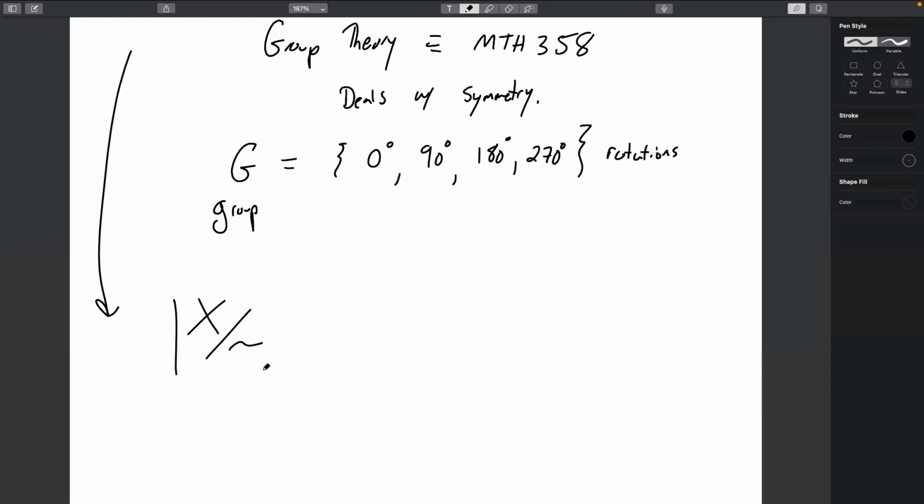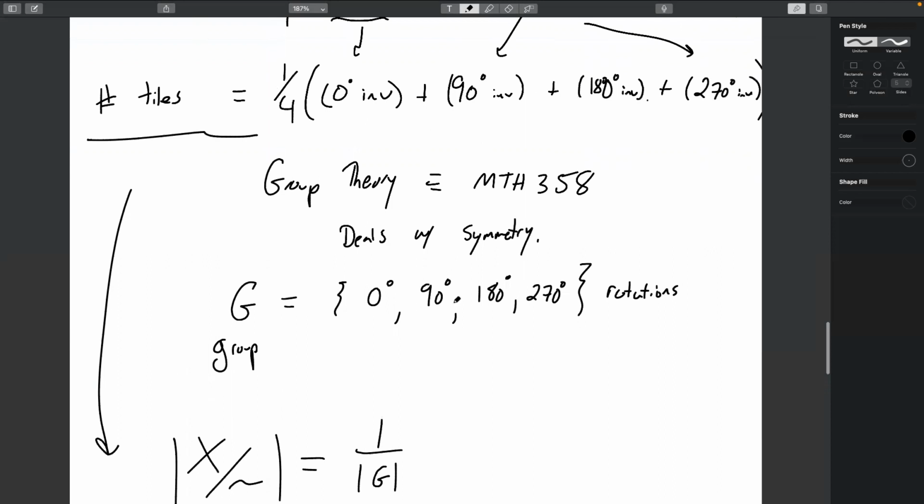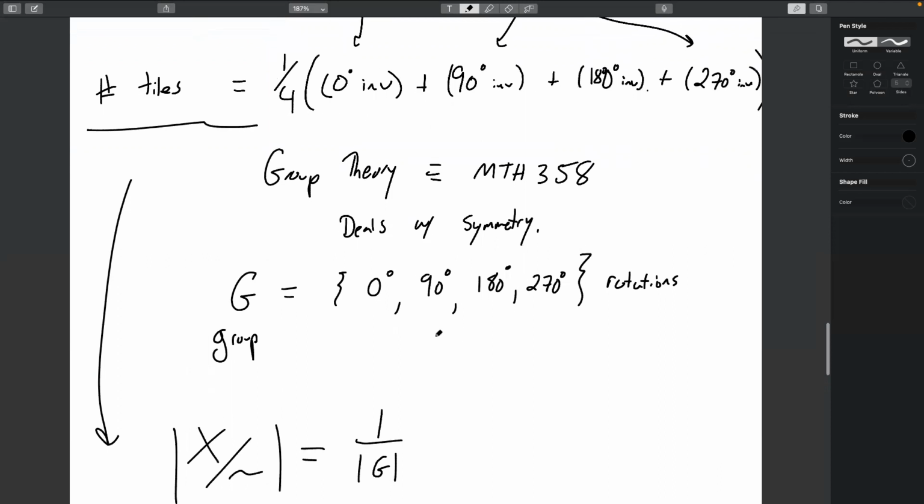It turns out that the number of elements in my set, which is being acted on by a group, up to equivalence by the group action, is equal to 1 divided by the number of elements in the group. That's the 1/4 right there, okay?